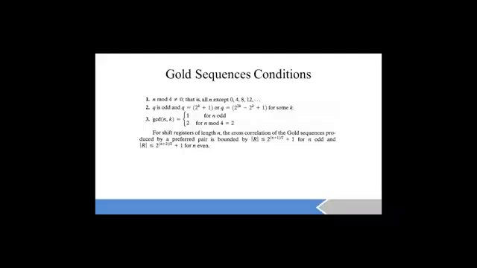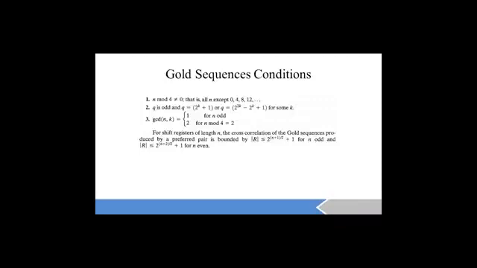For gold sequences, we need to start with a preferred pair A and A bar, where A bar is equal to A of q, that are both M sequences and that meet the following conditions. 1. n mod 4 is not equal to 0.